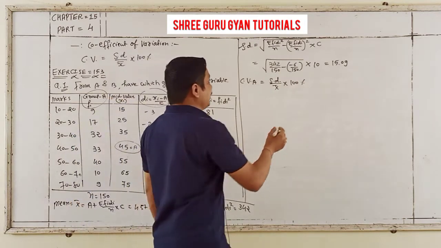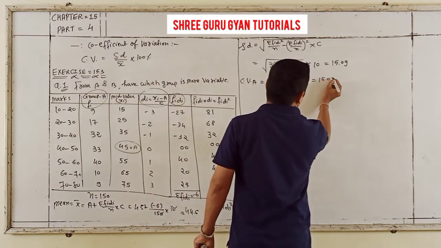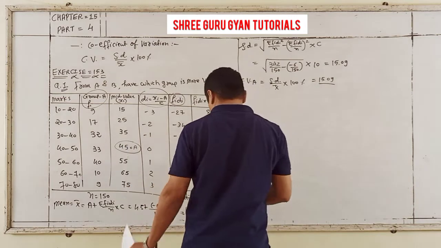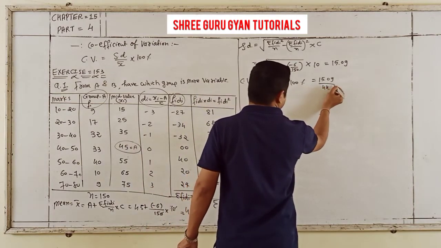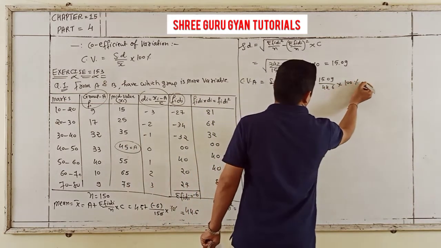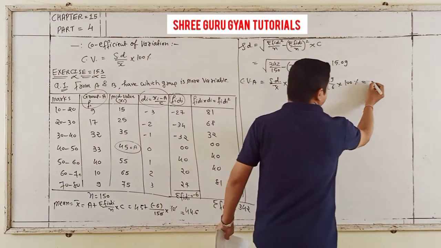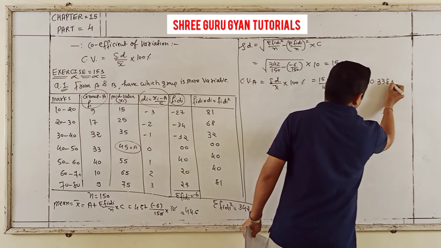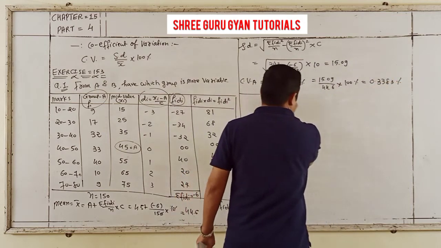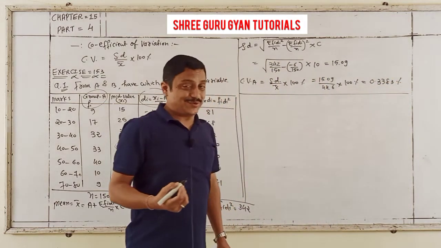SD is known, 15.09, and the mean is known, 44.6, into 100%. The final value for the CV is 33.83%. Here the first half is over.